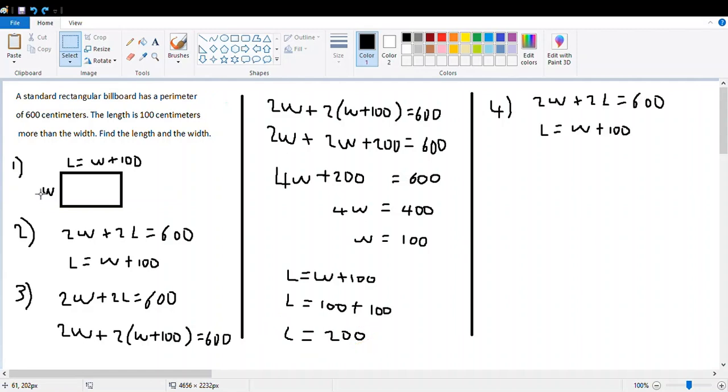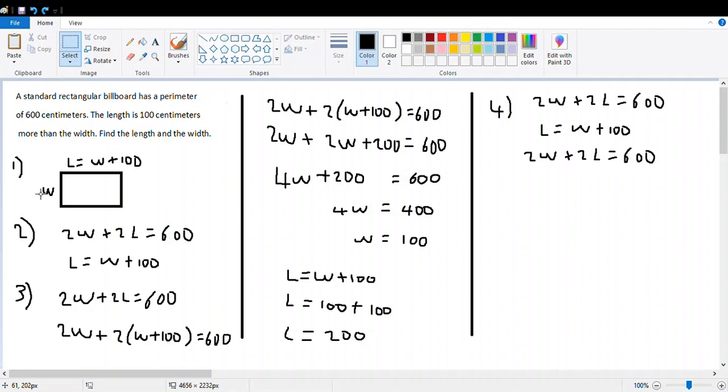Now, what is the original system? The original system is 2W plus 2L equals 600, and L is equal to W plus 100. Now let's replace the values.